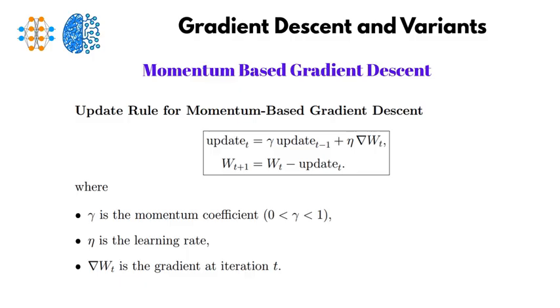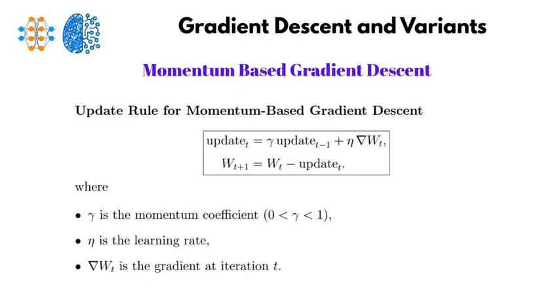Once this update has been calculated, the second equation tells us how to update the actual parameter. It says w t plus 1 equals w t minus update t. In other words, we take the current parameter w t and subtract the newly calculated update. So the overall process is: first calculate the momentum-based update using the previous update and the current gradient.